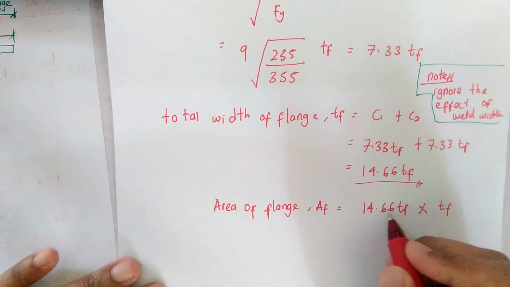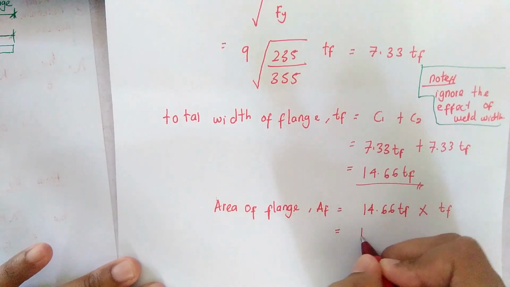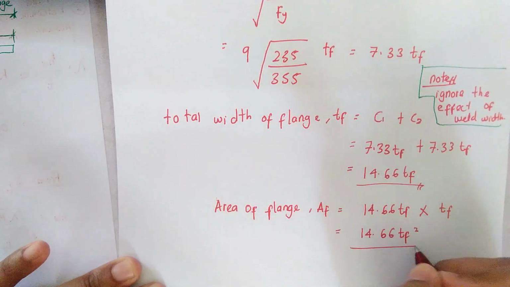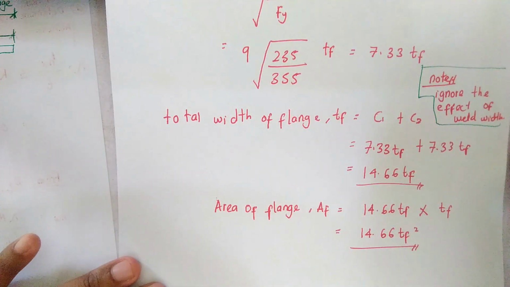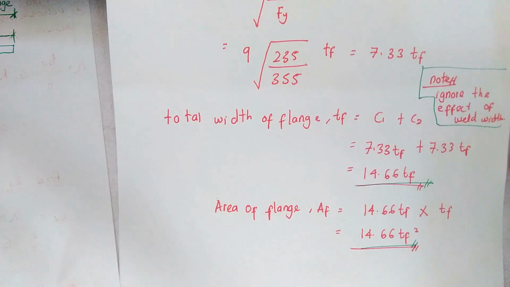Therefore, you get 14.66 TF times TF, and finally you get 14.66 TF squared. That is your total area of the flange.